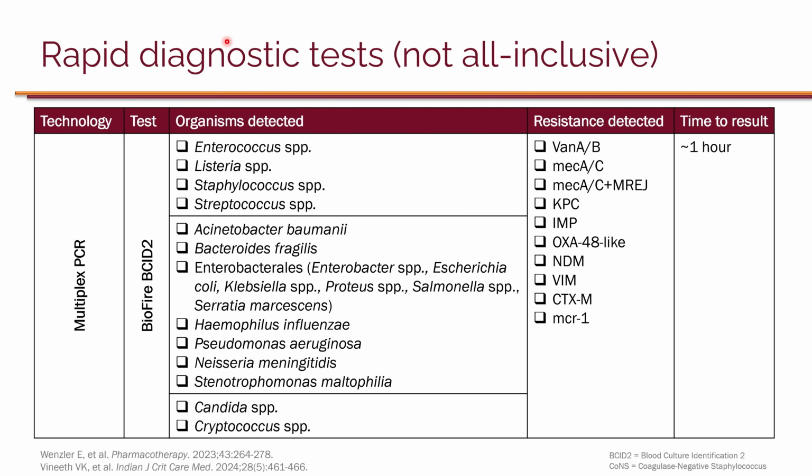And this test is pretty fast, so you can have the results within an hour. Now, the caveat is that it will take some time for organisms to grow in the sample, and once you have colony formation, then you can put the sample in this test. So it takes some time for those colonies to form. It's not quite as fast as 1 hour from when somebody presents to the emergency department.